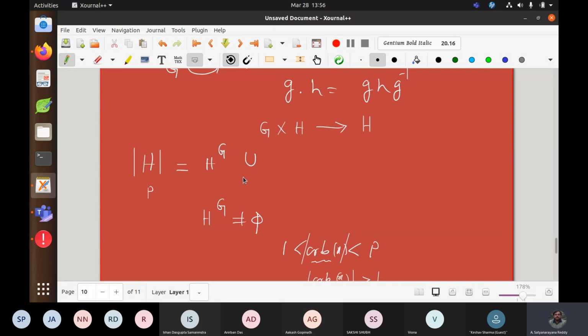So only this remains. This means the size of H is equal to the size of H^G, so every element is fixed by everything.